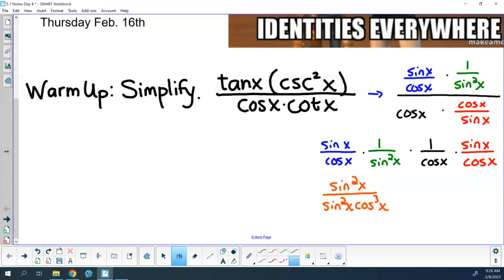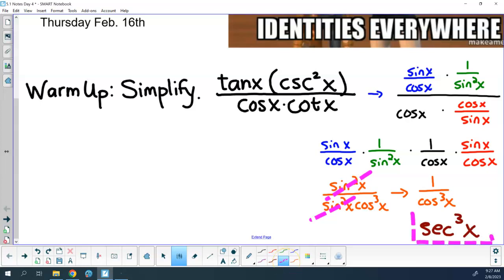Sine squared cancel each other out, leaving me with 1 over cosine cubed, which would be secant cubed. Okay.